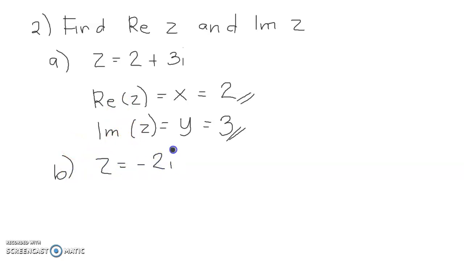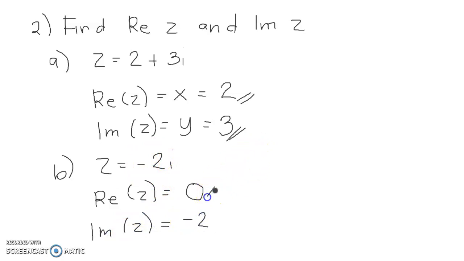For negative 2i, our real part of z is equivalent again to x. We don't have a real part in our letter B, so that is equivalent to 0. And then our imaginary part is equivalent to negative 2. We include the sign. This is the answer for letter B.